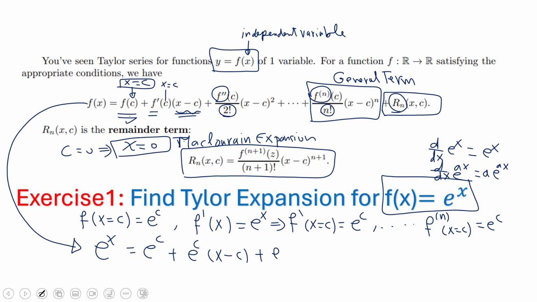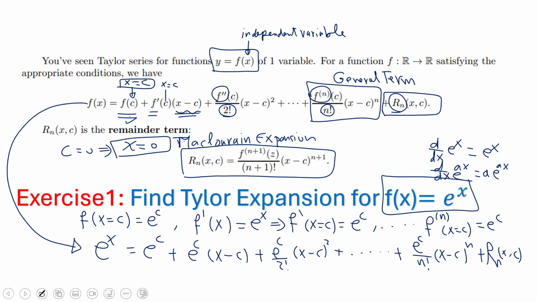Plus, again, e to the c over factorial 2, right? x minus c squared, right? Plus, etc. The general term, I know the function is still the same thing, right? x minus c to the power n, plus the remaining, right? Remaining of x and c.